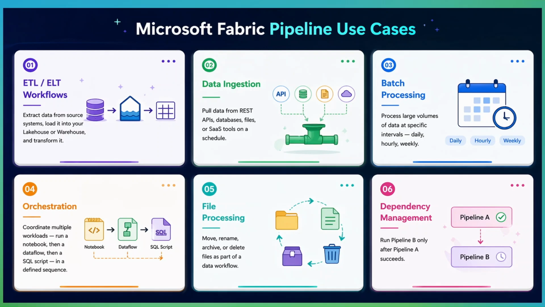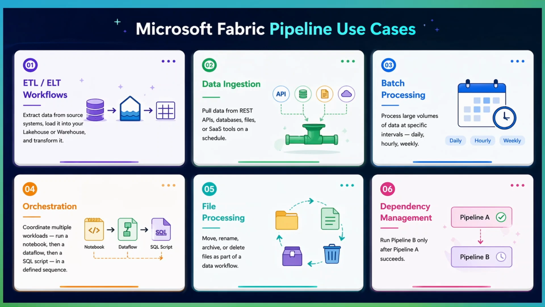You can see here different ways a Fabric pipeline can be applied in data engineering and automation workflows. These are different use cases of Microsoft Fabric pipelines, and you can think of a pipeline as an automated workflow that can help us to move, process and organize data. Each box here represents a common scenario where pipelines are useful.